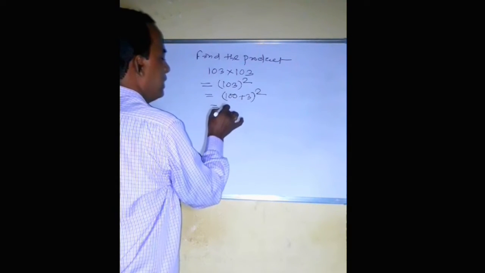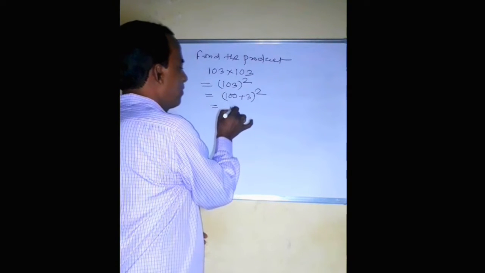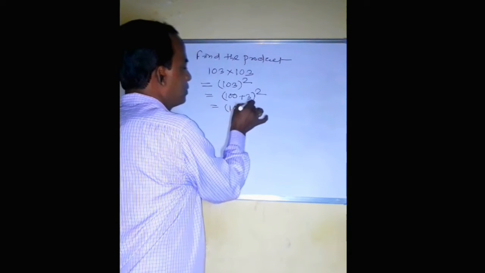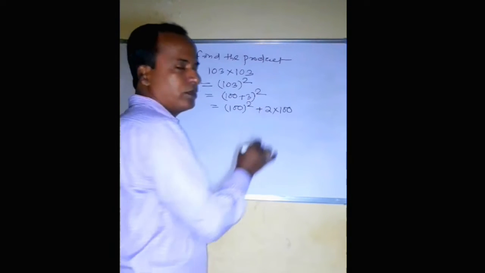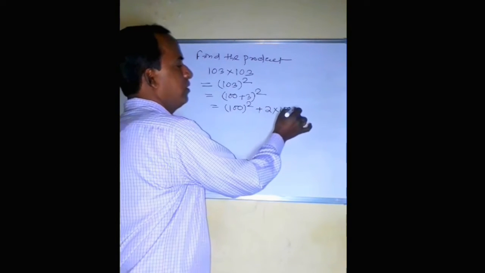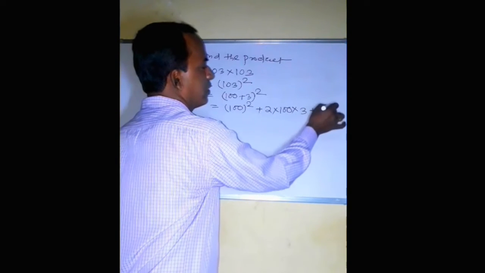So 100 is the first term. So 100 square plus 2 into 100, the first term, into the second term 3, plus second term square.